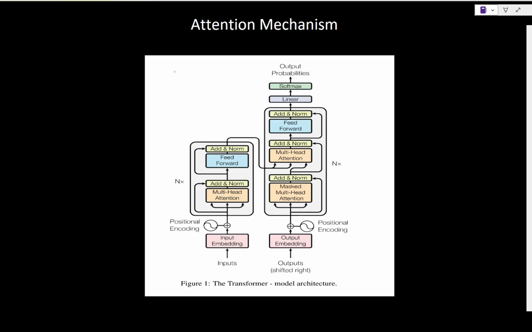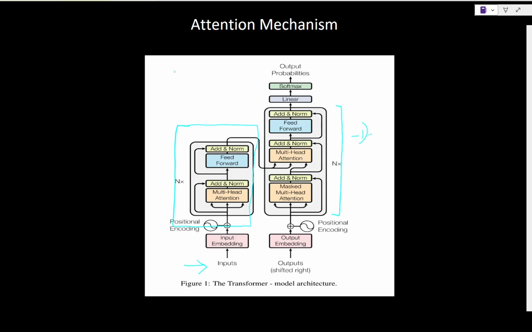In this video, we will focus on this particular chunk, which is the encoder block. So there are two blocks. This block is the encoder. So we have inputs, as you can see, and this is the encoder part. This block is the decoder block.